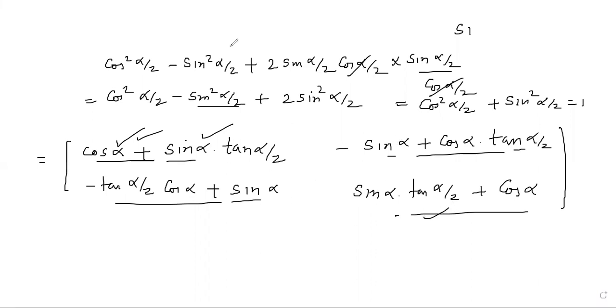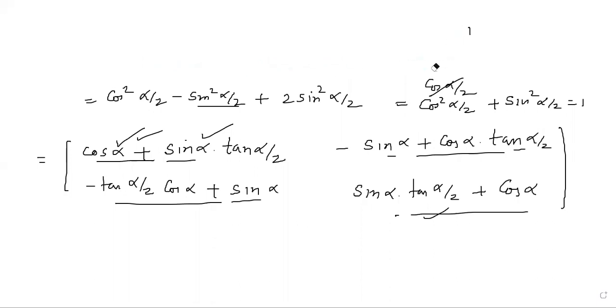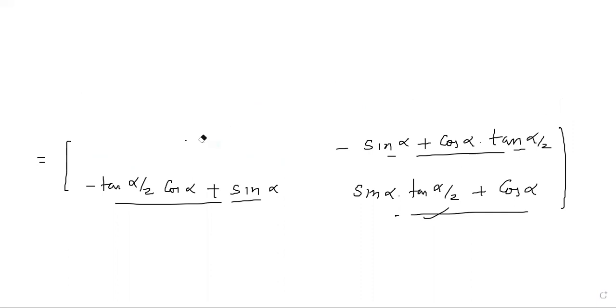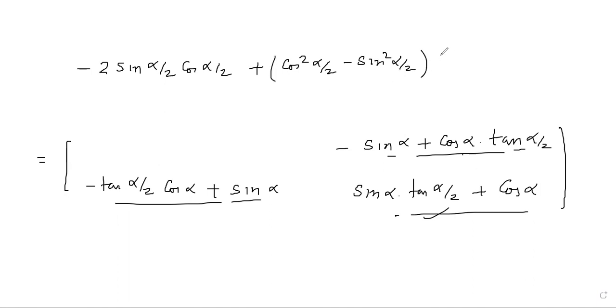Now consider the second term. So the second term is minus sine alpha. Let's write it in terms of half angle. 2 sine alpha by 2 cos alpha by 2 plus, for cos alpha we write cos square alpha by 2 minus sine square alpha by 2, times tan alpha by 2, which is sine alpha by 2 divided by cos alpha by 2.